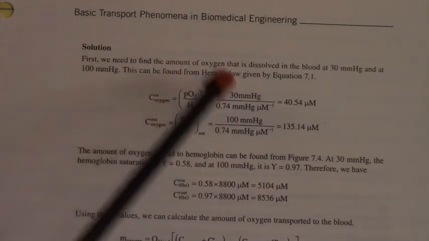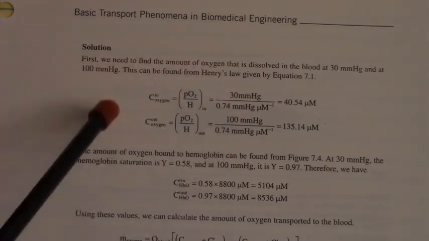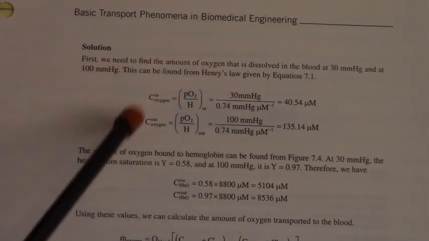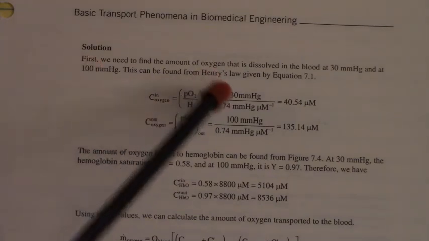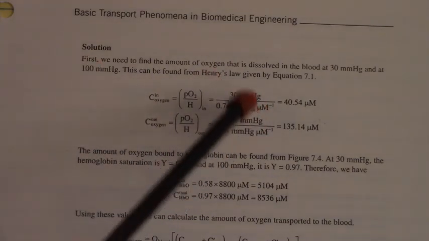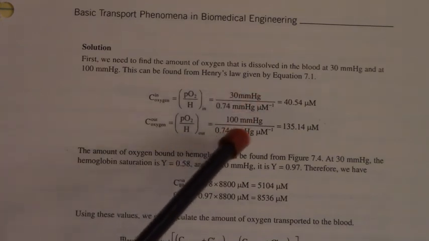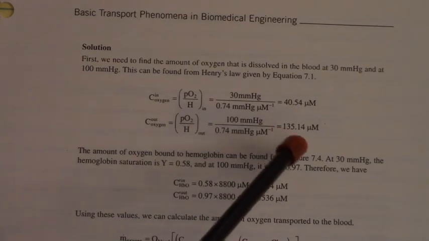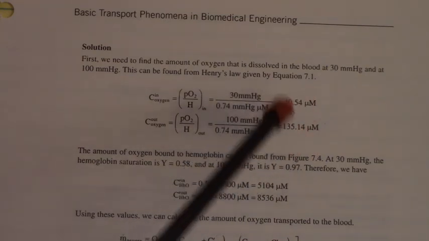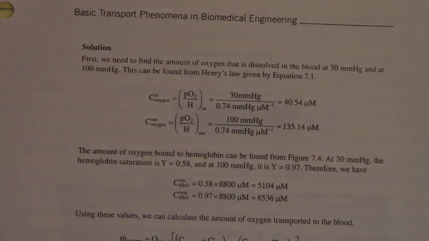So here's our rearrangement of Henry's law to solve for the dissolved oxygen levels in the incoming and outgoing blood. We take those respective PO2s of 30 and 100 millimeters of mercury, divide those by the Henry constant, and that tells us the dissolved oxygen concentrations in those respective blood flows.